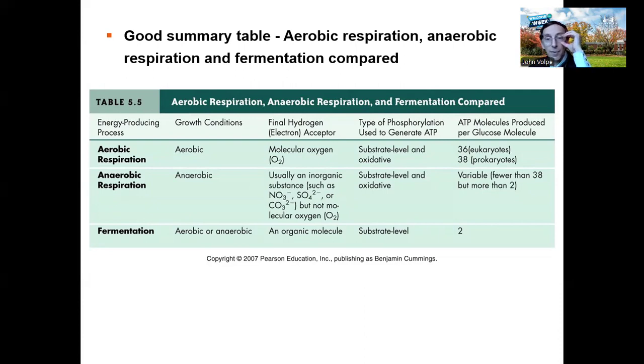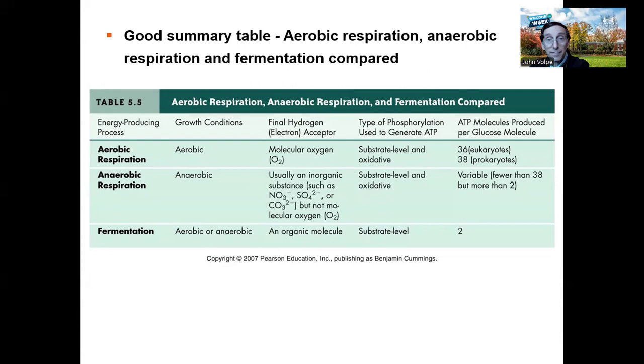You don't need to know this one right there, generation of ATP, but you should know that aerobic respiration is the most efficient. You generate 36 to 38 molecules of ATP per molecule of glucose.